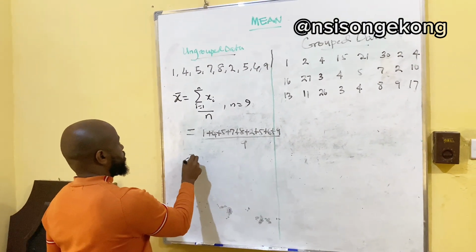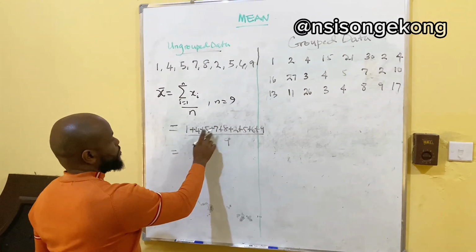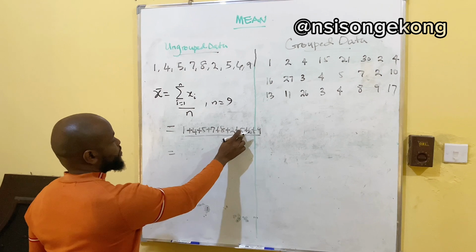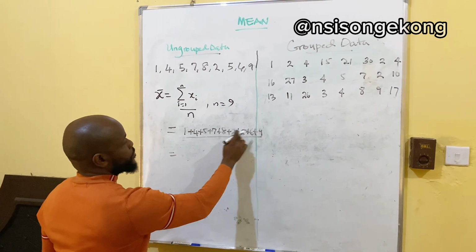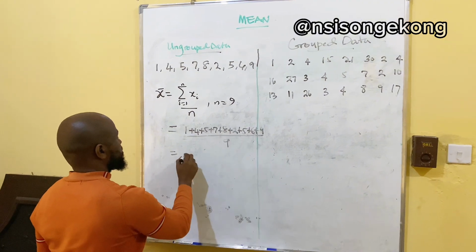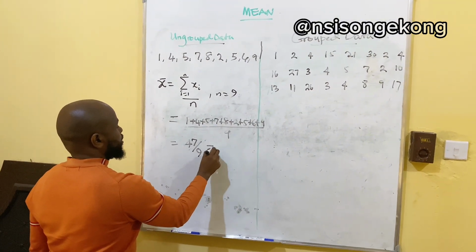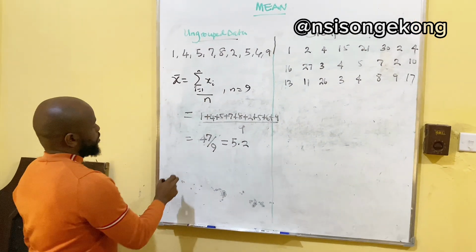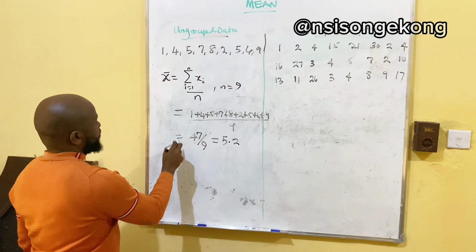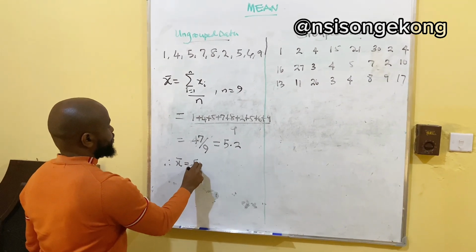So if we sum this up, this is 5 plus 5, that's 10, plus 15, 25, plus 5, 30, plus 9, 39, plus 2, 41, plus 6, 47. This is 47 over 9, which is about 5.2. Therefore, the mean x bar of this simple data set, which is ungrouped, is 5.2.